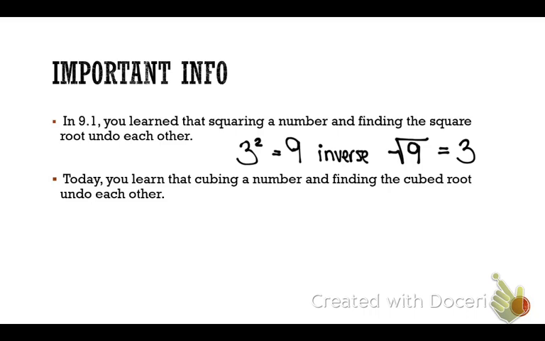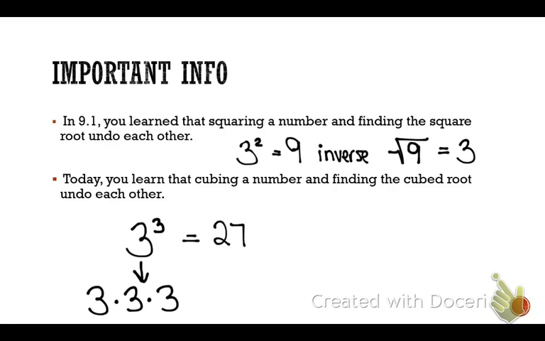So guess what's going to happen today? Today, I can take the cube of a number. Cube means how many in the exponent when I cube it? 3. So now let's say I take 3 to the third power. Well, 3 to the third power is the same as 3 times 3 times 3, right? You guys agree that's the same thing? What's 3 times 3 times 3? 27.